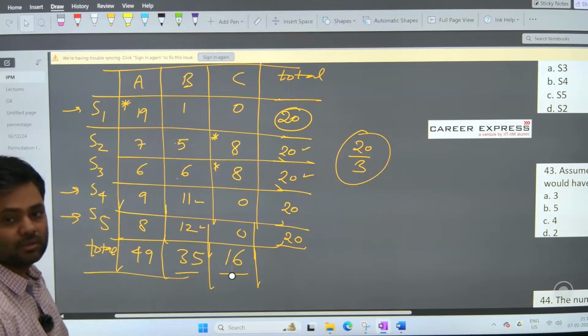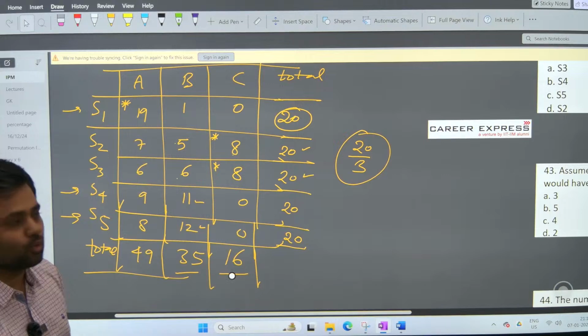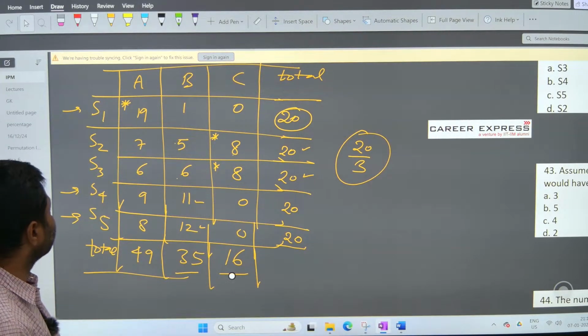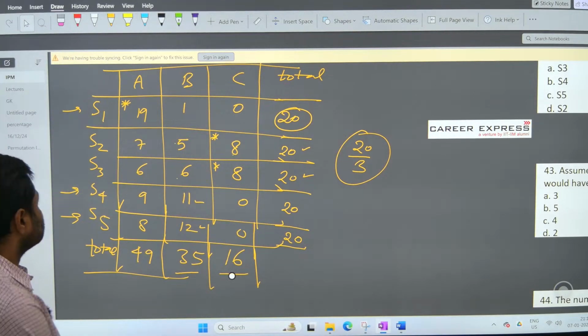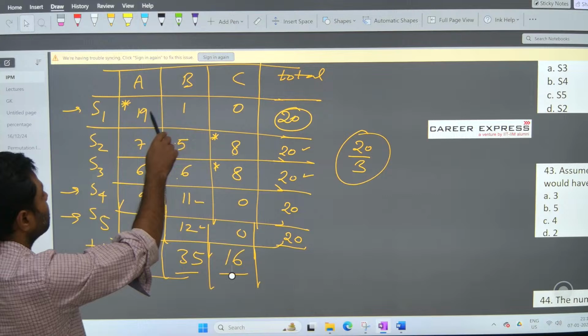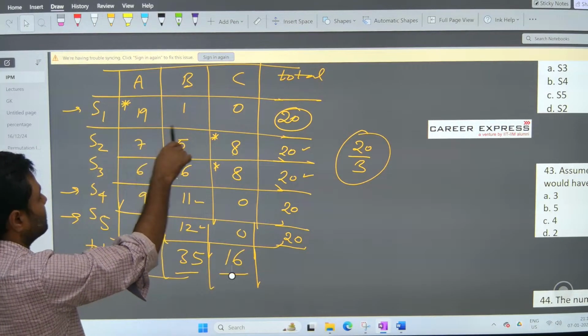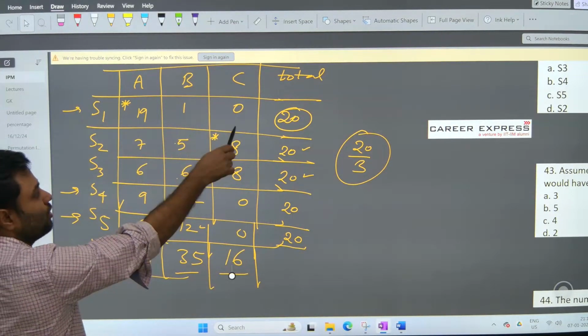The question is the constituency in which B got lower number of votes as compared to A and C. So B gets lesser votes as compared to A, but not lesser than C.